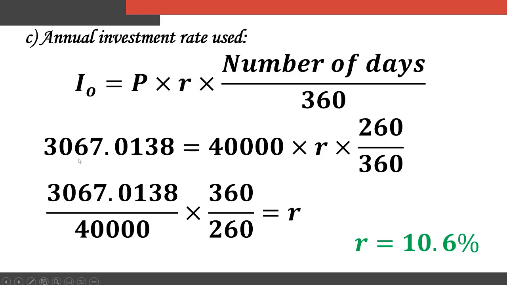We calculate I ordinary 3067.138 equals 40,000 times R times 260 over 360. From this formula we can get R, which is equal to 10.6%.